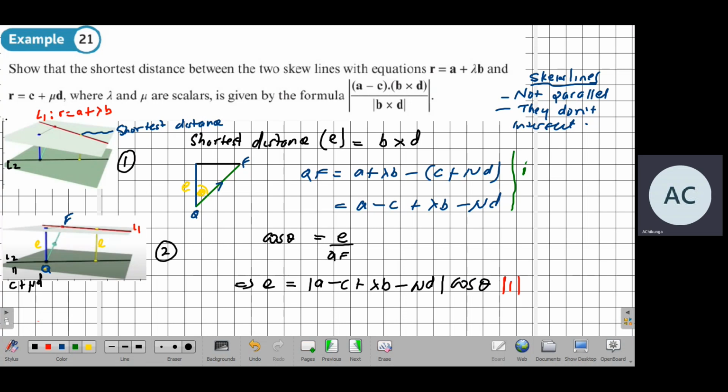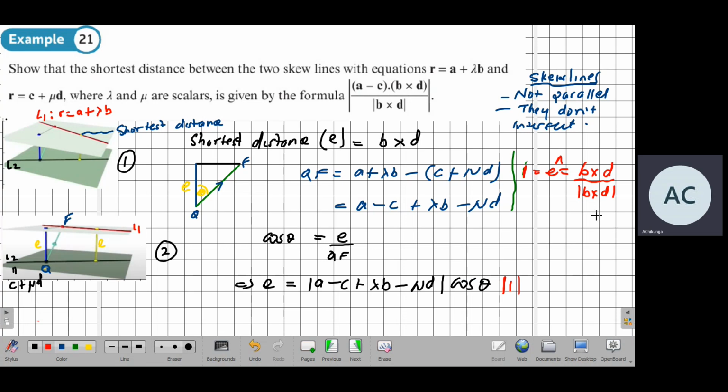So we can say our 1 here is equivalent to the unit vector of E, which is basically B cross D all over the modulus of B cross D, like this.